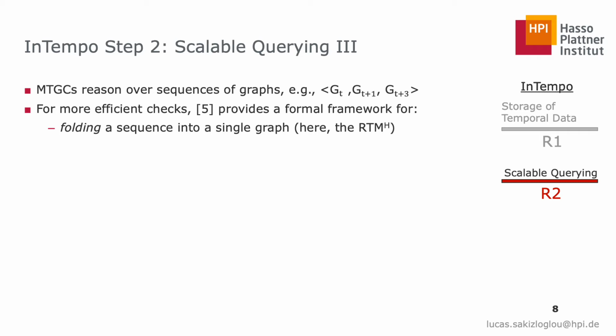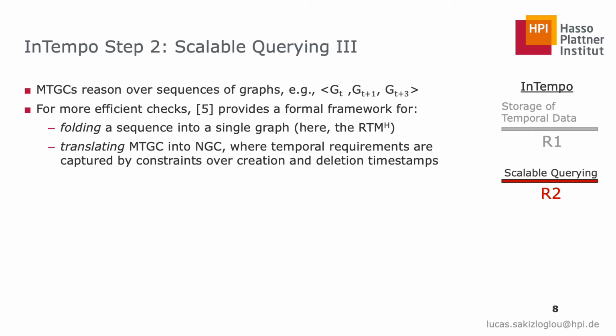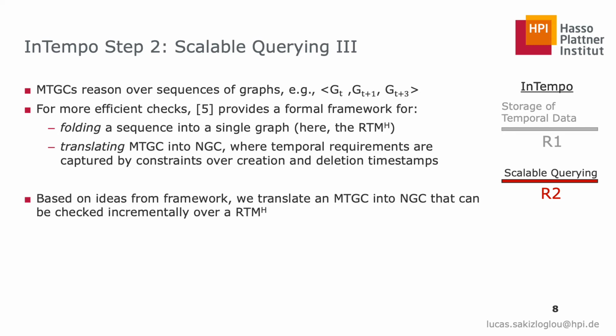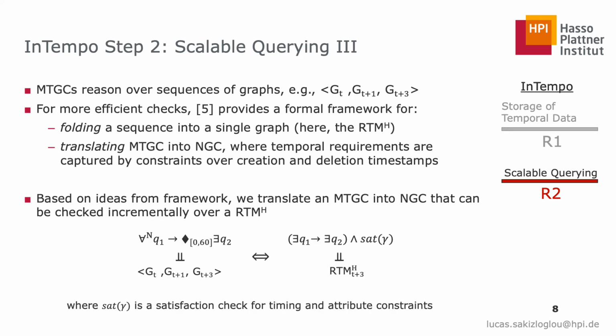Here we do that already in the runtime model with history, as I explained before, and translating a metric temporal graph condition into a nested graph condition, that is a purely structural graph condition, where temporal requirements are captured by constraints over the creation and deletion timestamps in the runtime model with history. So based on ideas from the framework, we translate a metric temporal graph condition into a nested graph condition that can be checked incrementally over the runtime model with history.